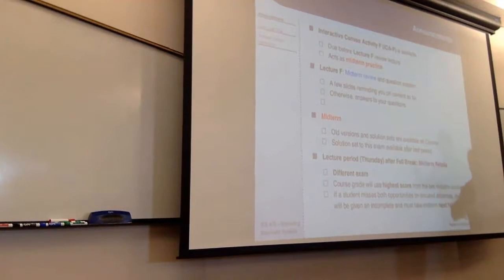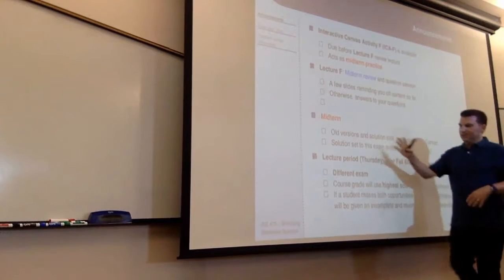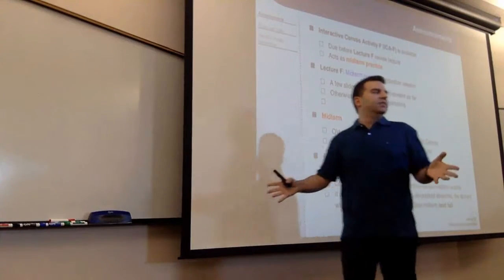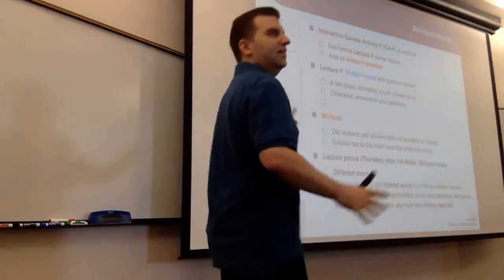So if you have managed to talk all the rest of your professors into letting you out of attending your fall break classes, then you just don't even have to come this week. So that's the structure here, and then we'll get back to the normal lecture schedule after that. That's the plan going forward. Are there questions about this idea of the retake?